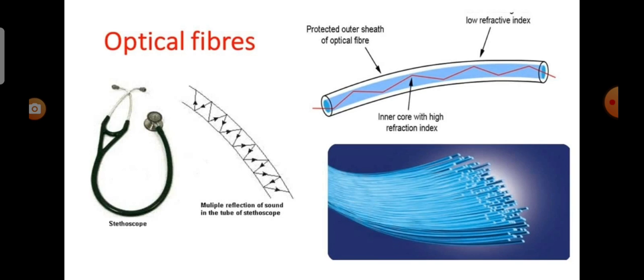Optical fibers work on the phenomenon of total internal reflection. When a signal in the form of light is directed at one end of the fiber at a suitable angle, it undergoes repeated total internal reflection along the length of the fiber and finally comes out at the other end.